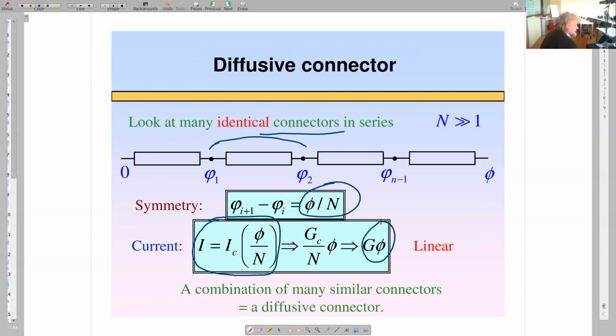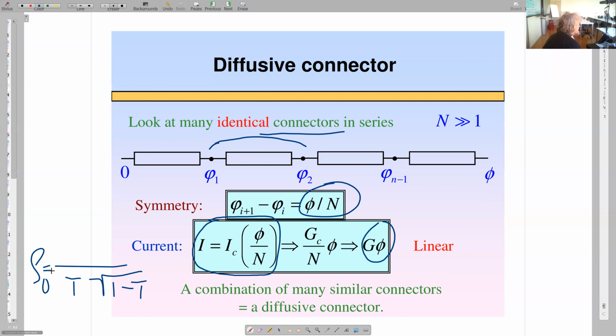Good, so it's linear, and if you use Landauer formula, we get this distribution of transmission, which I believe I plotted at some stage. Right. So this ends the set of elements.